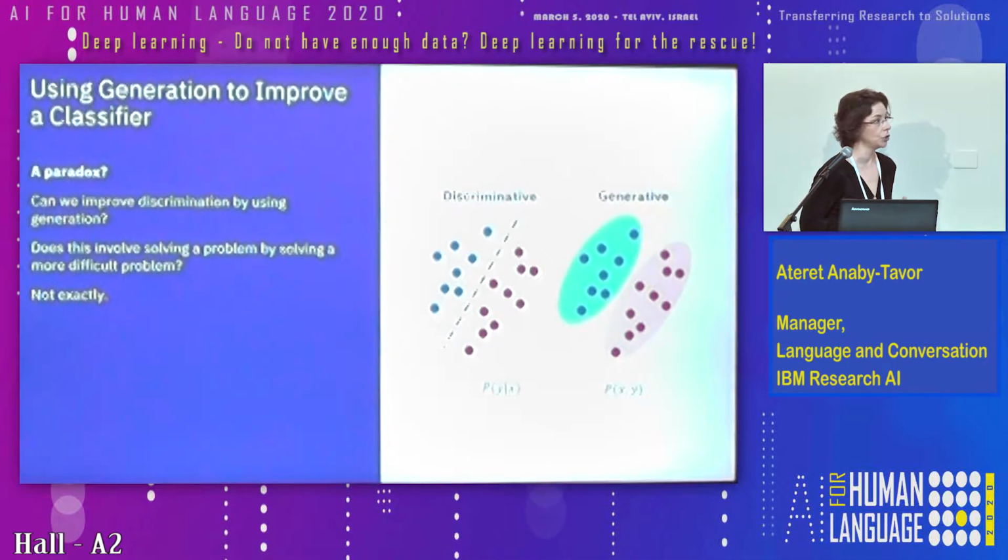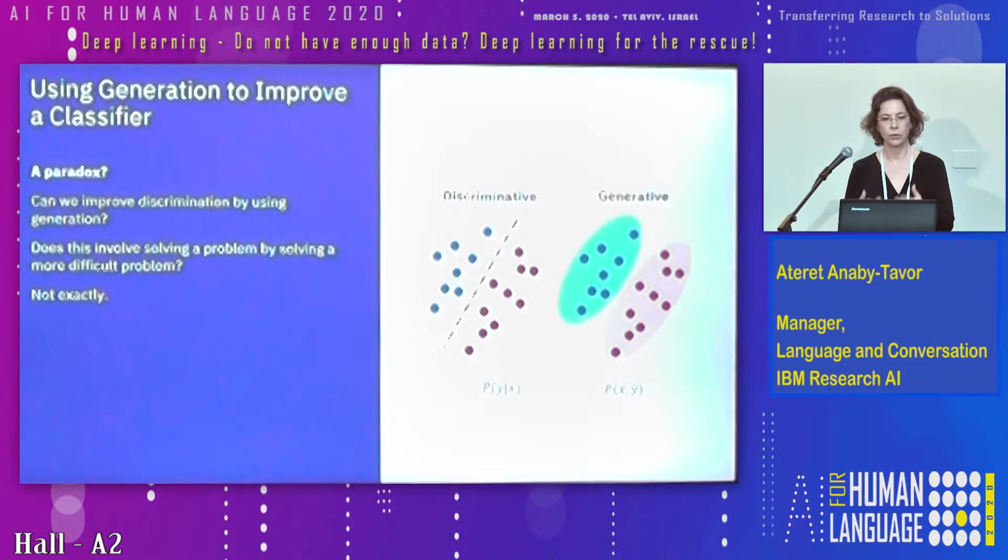And before I show you how we do it, I want to present a paradox. I'm going to offer a solution that uses generative means in order to improve a discriminative problem.